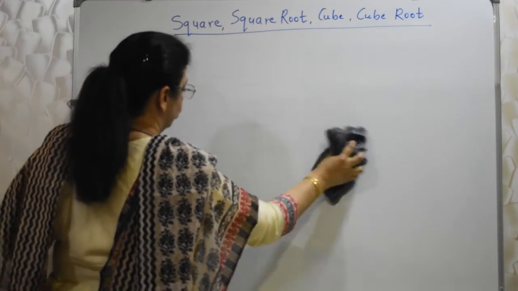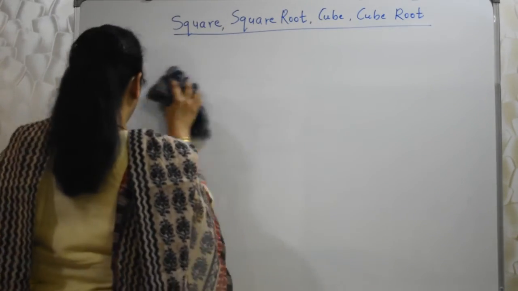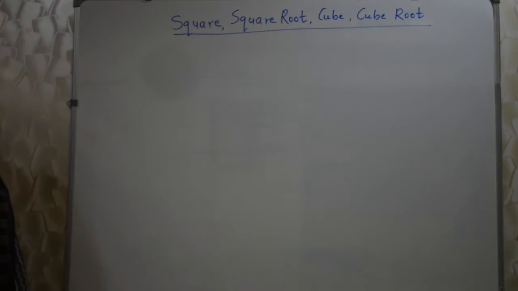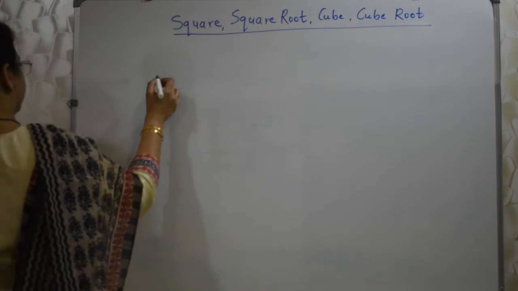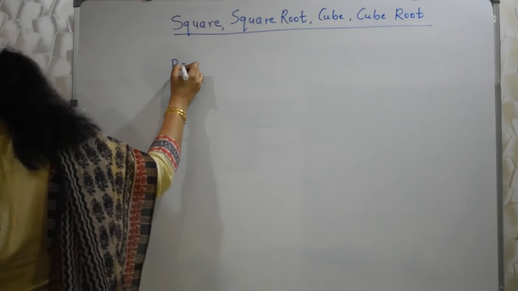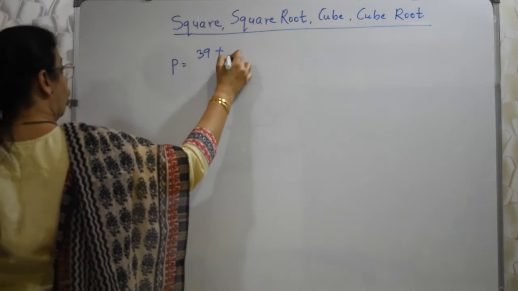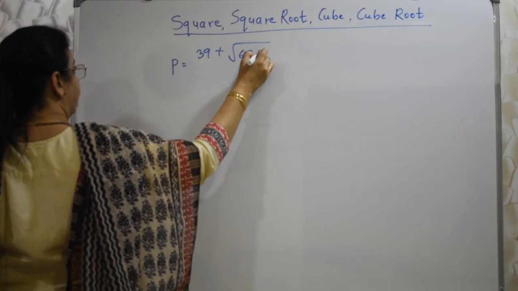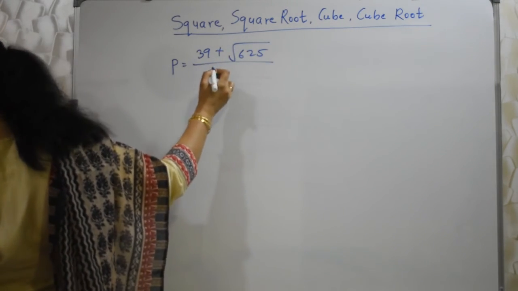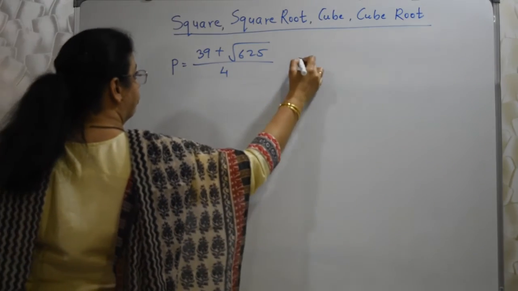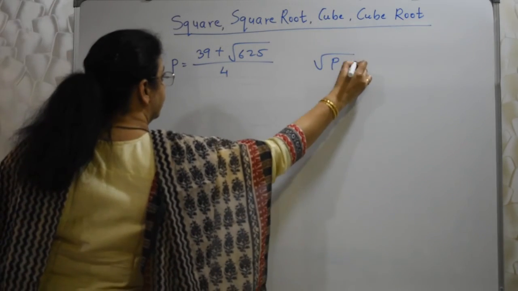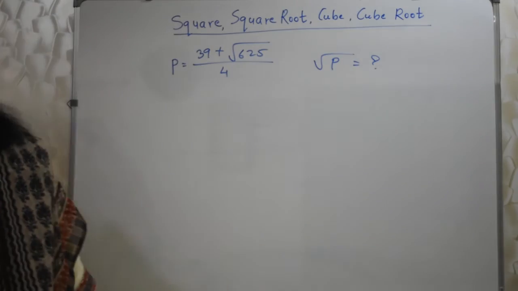You must know square numbers up to 30 and cube numbers up to 10. I repeat. If P is equal to 39 plus square root of 625 upon 4, then find square root of P is how much?